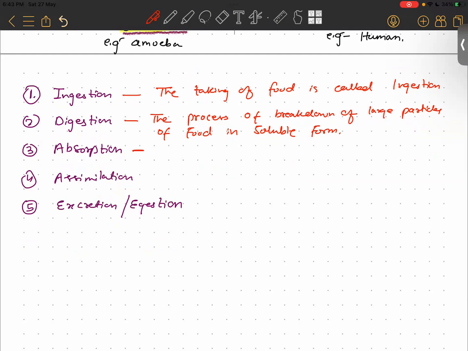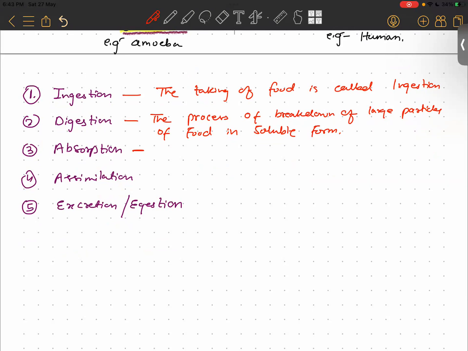Next thing is absorption. It is the step in which the digested food is absorbed by the body. The food which we take in passes through our intestines, from where it goes into our blood stream.